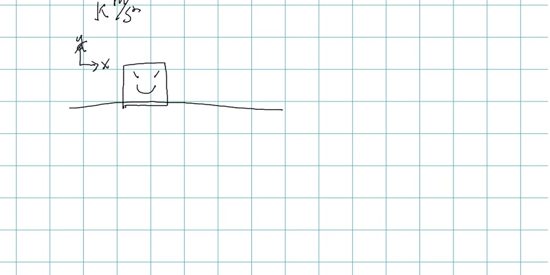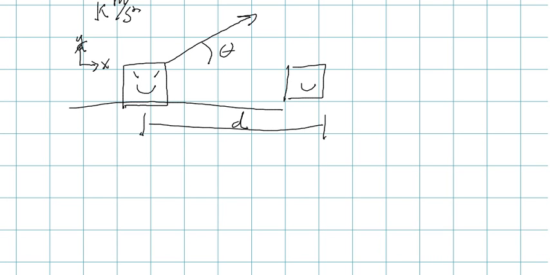And we are going to pull on this box about that away at some angle theta from the horizon. And what we're going to do to this box is we are going to move this box some distance away. And now the box is really happy.